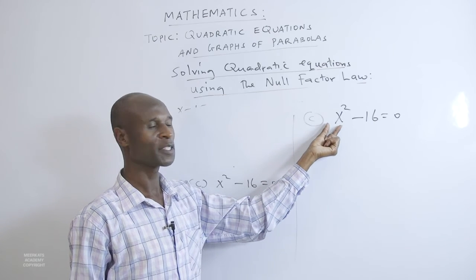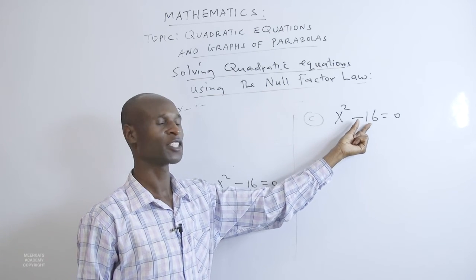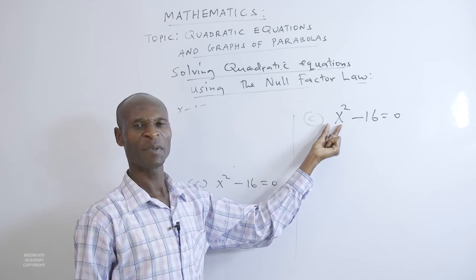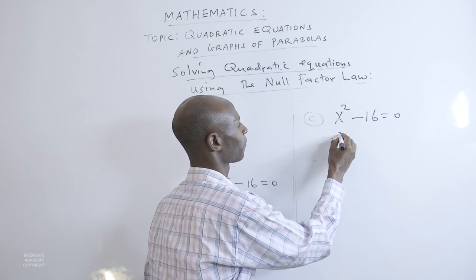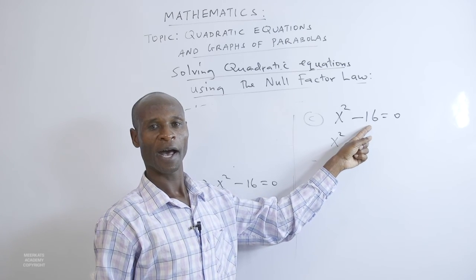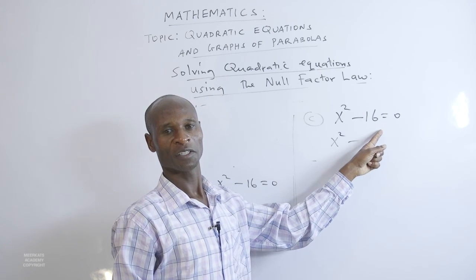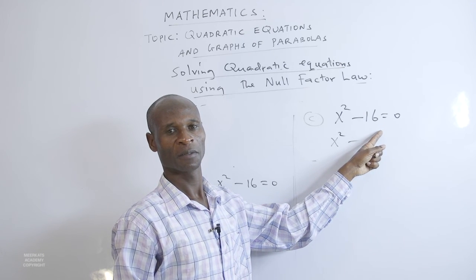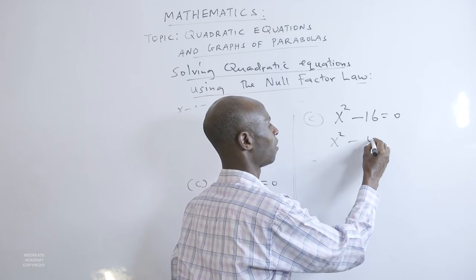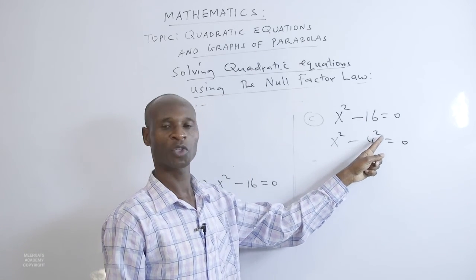Class, when you study this particular quadratic equation, we have only two terms, the quadratic term and the constant term. The quadratic term is being squared, is x squared. Then this constant term can be written as a square also, that is minus 16. What is the square root of 16? It is 4. So we can simply write 16 as 4 squared.